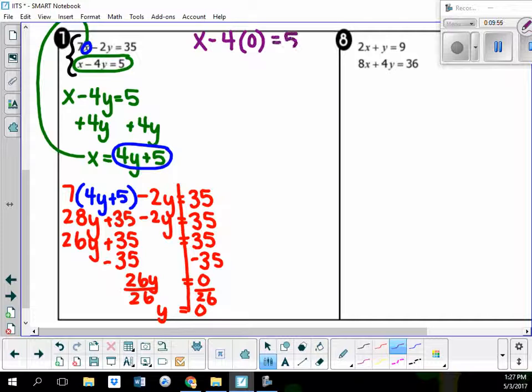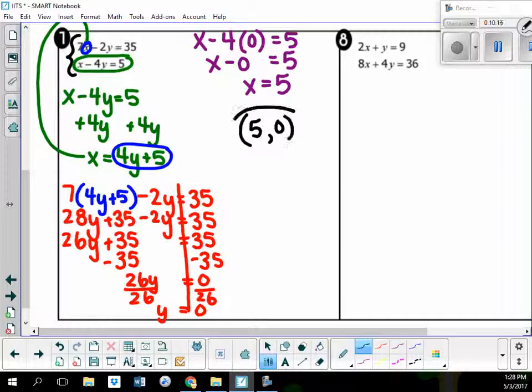So we have x minus 0, because 4 times 0 is 0, is equal to 5, which just means that x is 5. So my solution for this one is 5, 0. And those are the 2 example problems that we'll go over in our video.